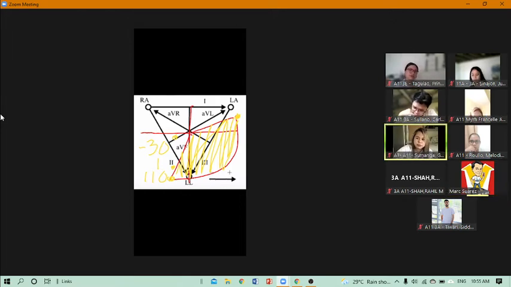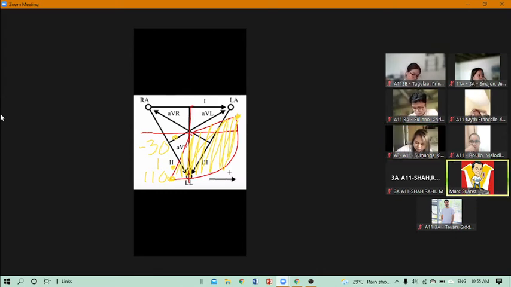Okay? Let's say in theory, you were able to measure the sum vector. The sum vector you have calculated falls within 0 degrees. So is this normal or not normal?